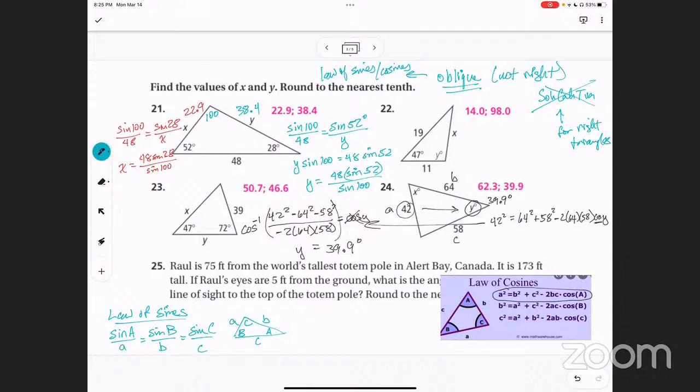So the law of sines, now that I have that angle, I can say the sine of 39.9 divided by 42 is equal to the sine of what? The sine of x, divided by what?